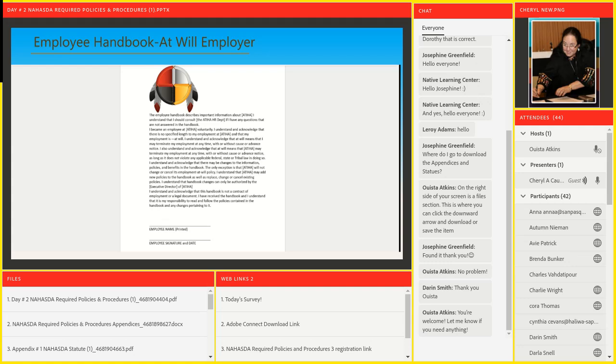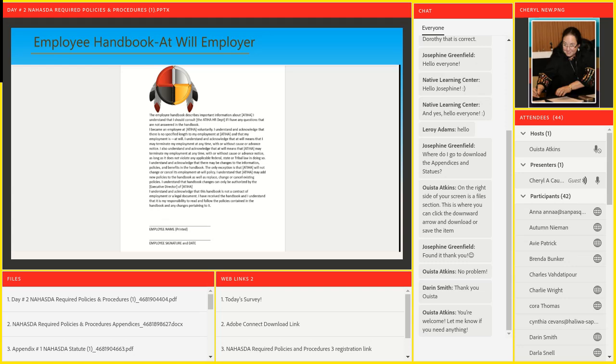I also understand and acknowledge that at will means that ATIHA may terminate my employment at any time with or without cause or advance notice, as long as it does not violate any applicable federal, state, or tribal law in doing so.